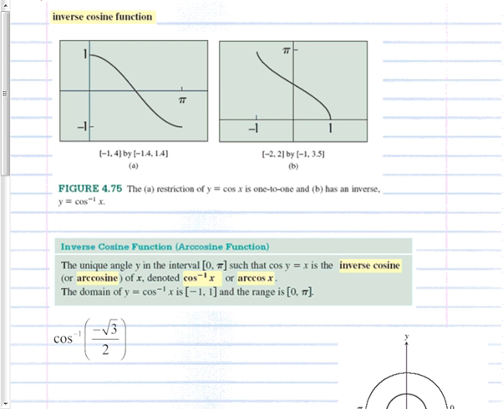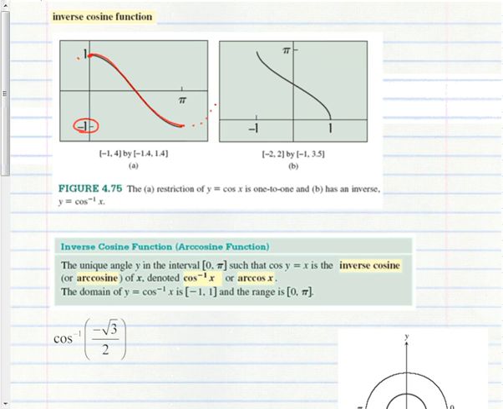Inverse cosine. If you think of the cosine graph, it starts here, and then it moves on like that, and then it would start repeating answers between negative 1 and 1. So in order to cover all the possibilities without repeating answers, we go between 0 and pi for cosine.